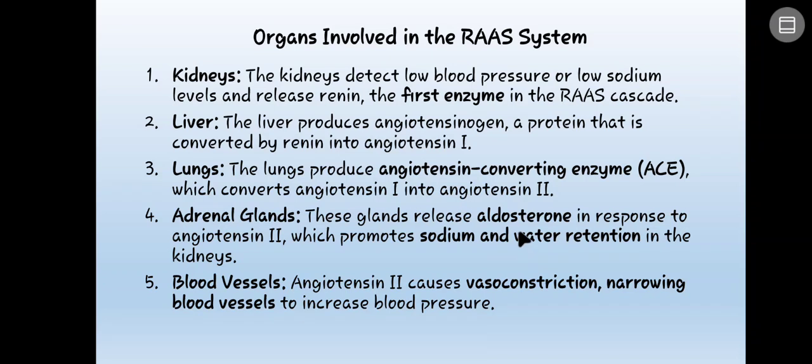Now, what organs are involved in this process? Because one very useful thing in physiology is that if we are talking about a system, it is when a group of organs come together to perform a specific function.